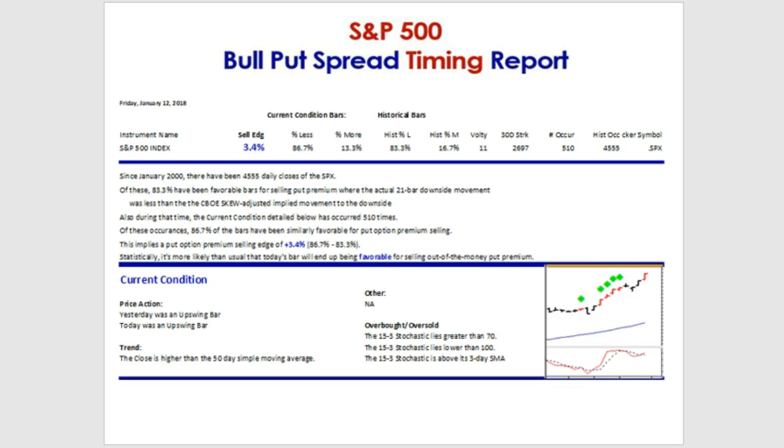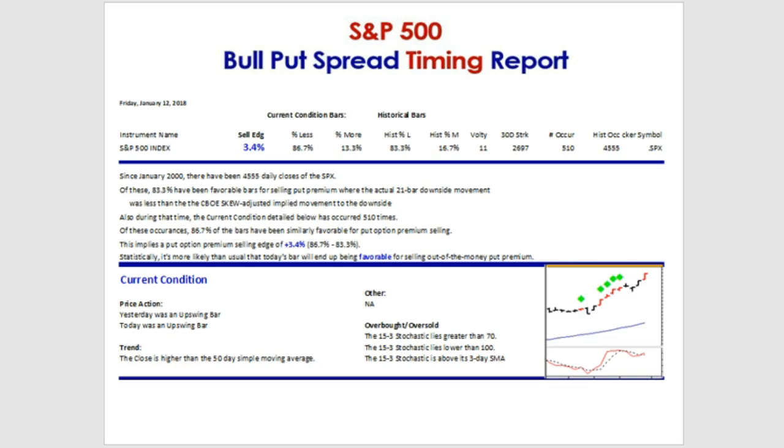What I do is look at the CBOE VIX calculation and their published skew number that looks at the vertical skew, and I combine those to come up with a downside implied movement, which is a higher volatility number than the VIX. But 83% of the time, the market does not make it down to that level. 16.7% of the time, it does go down to that level. So that's the benchmark in terms of the history of the SPX.